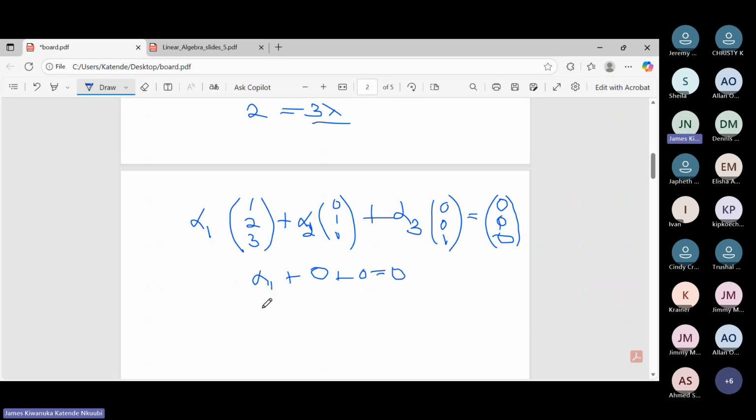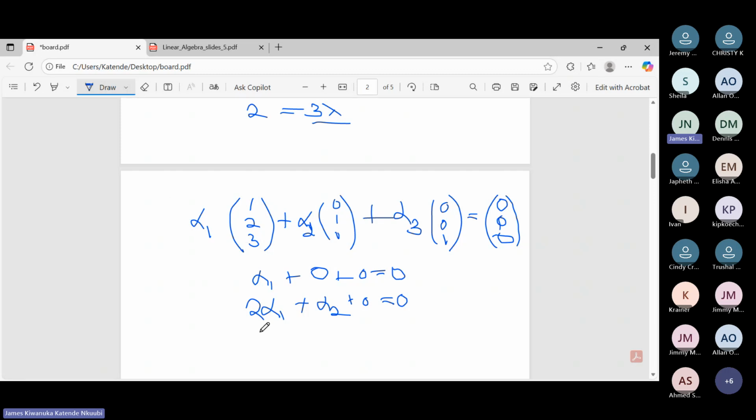Now the second one gives me 2 alpha 1 plus alpha 2, and alpha 3 times 0 gives me 0. This should be equal to the second slot in the vector on my right hand side. They're all 0, so that will also be 0.